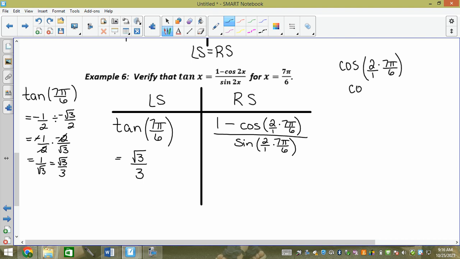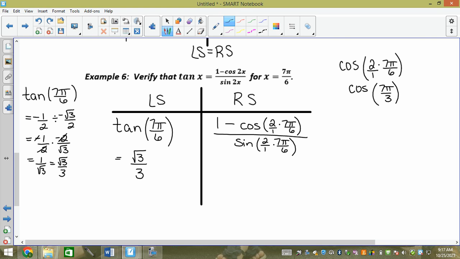So that works out to 14 pi over 6, which reduces to what? 7 pi over 3. Which is too big. We agree? Like it's just outside of the unit circle. Basically, if it was 210, it's now 420. Correct? It's the same thing.